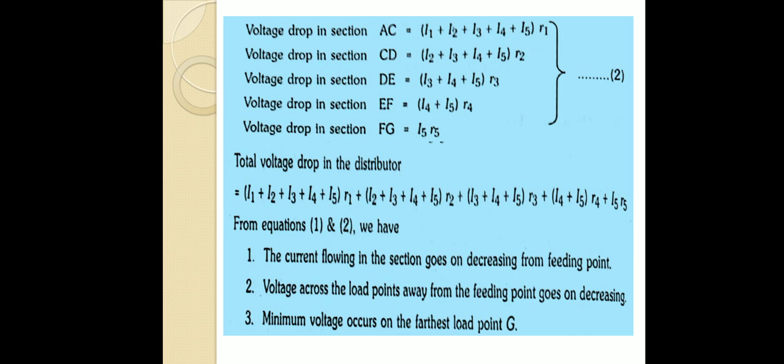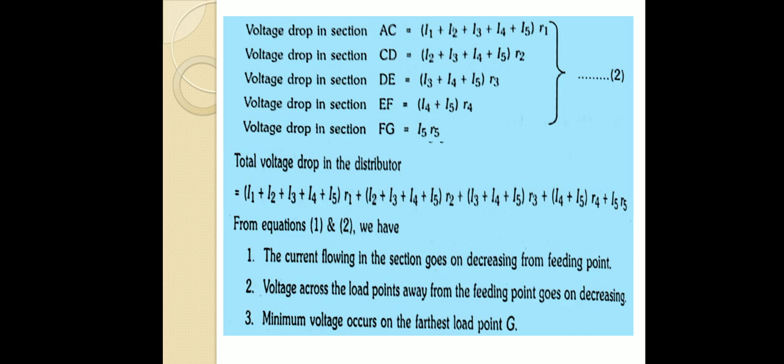VAB is equal to VAC plus VCD plus VDE plus VEF plus VFG, that is (I1 plus I2 plus I3 plus I4 plus I5) into R1, plus (I2 plus I3 plus I4 plus I5) into R2, plus (I3 plus I4 plus I5) into R3, plus (I4 plus I5) into R4, plus I5 into R5. This is the voltage drop in the distributor.